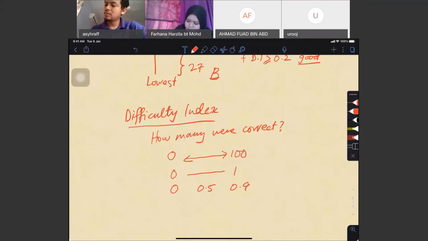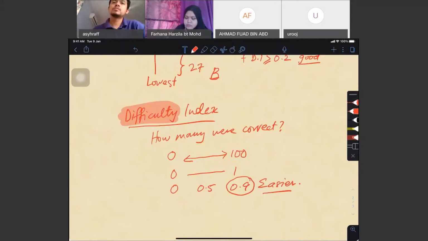So actually, people have pointed out this is a misnomer. It's not the difficulty index, because it can get confusing: the higher the number, the easier it is, not the more difficult. Somehow this is the convention, so we use it.